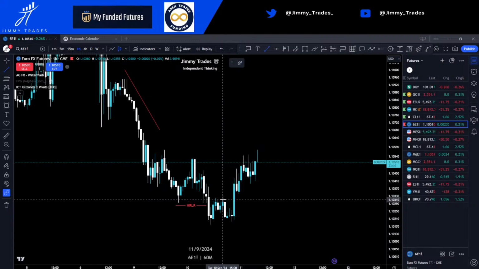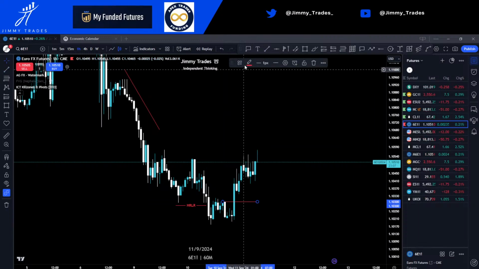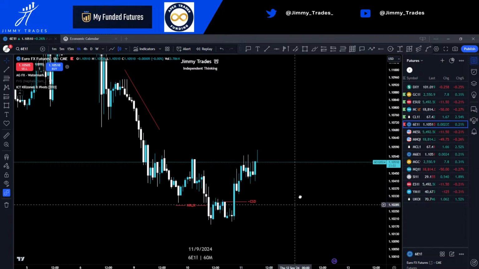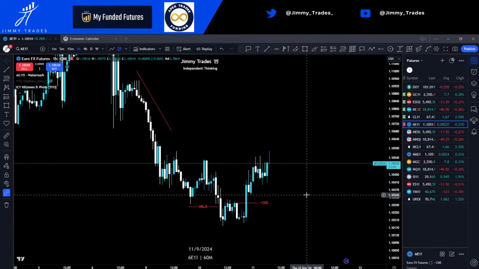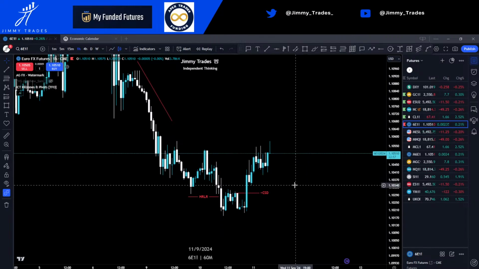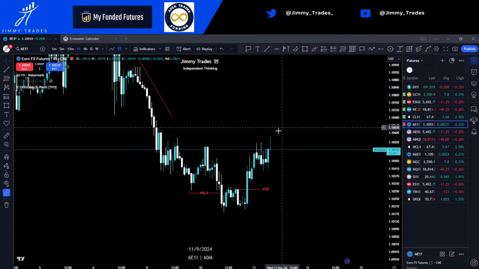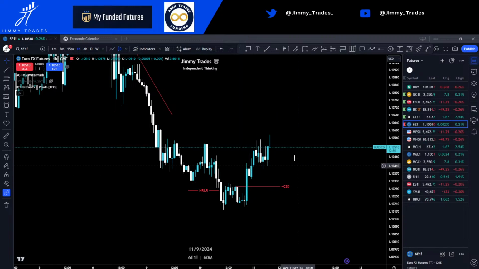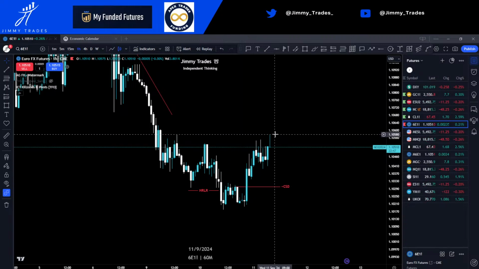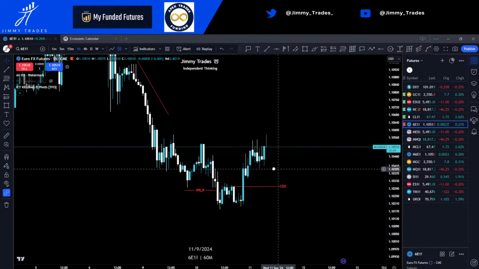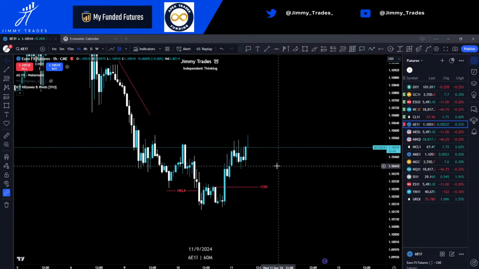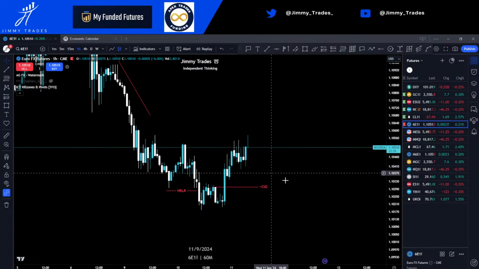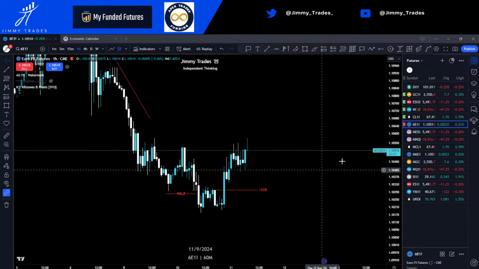We also have change in the state of delivery right here, again with displacement. So watching this and being patient with 6E if I was to look for a position. Again, that's not going to happen anyway until after CPI and after New York Open. So that'll give us plenty of time to see whether these levels are respected or disrespected.